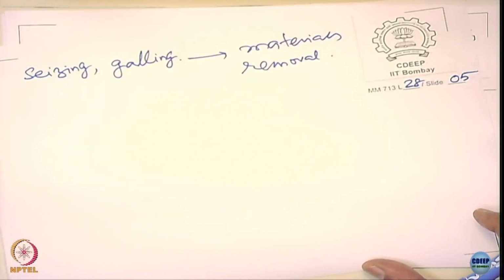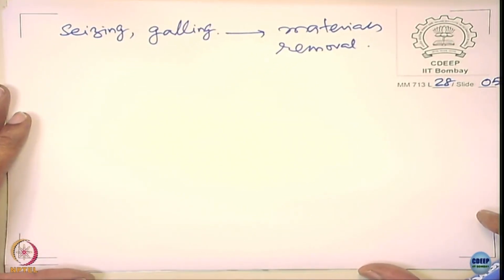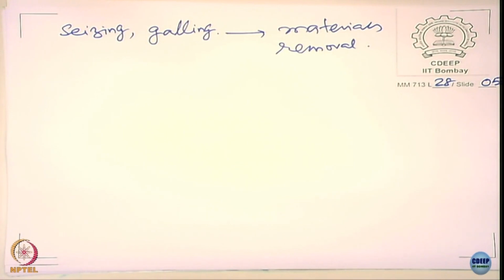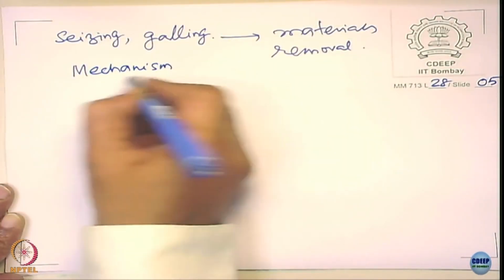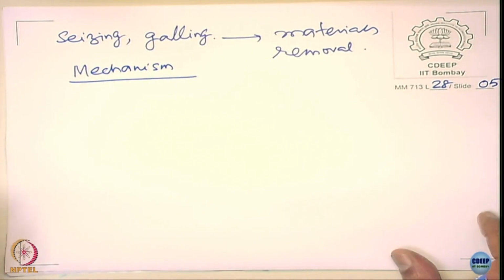So we have now so far described what is meant by fretting damage and where it occurs, what the requirements for fretting damage are, right. If you need to control fretting damage, we need to discuss the mechanism.